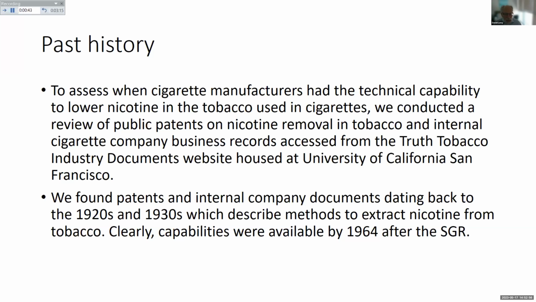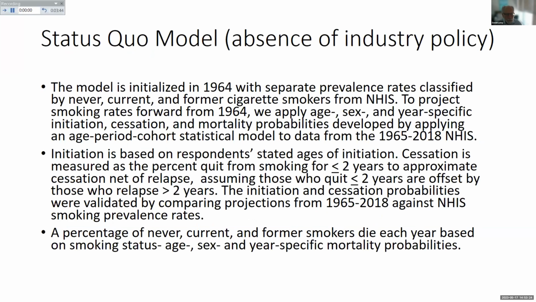We found patents and internal company documents dating back to the 1920s and 1930s, which describe methods to extract nicotine from tobacco. Clearly, the cigarette companies had the capabilities dating back to 1964. And I use that date because that's, of course, the date of the famous Surgeon General's report.